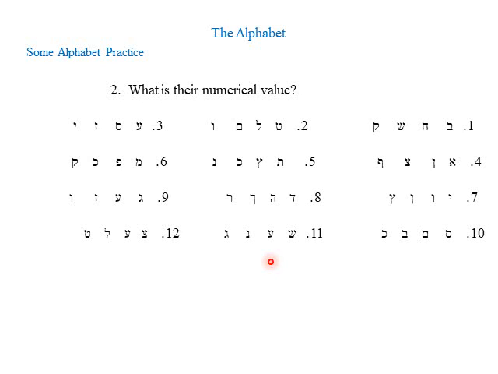Ayin, 70. Nun, 50. Gimel, 3. Tzadi, 90. Ayin, 70. Lamed, 30. Tet, 9.